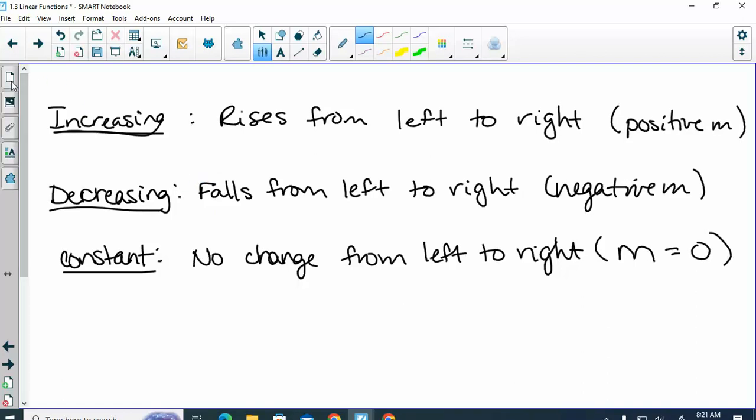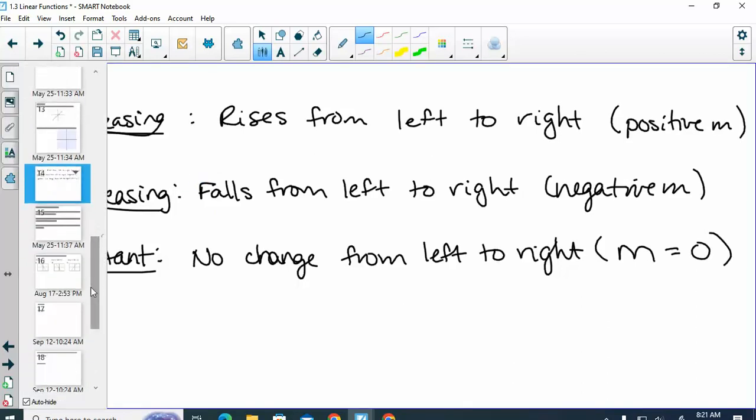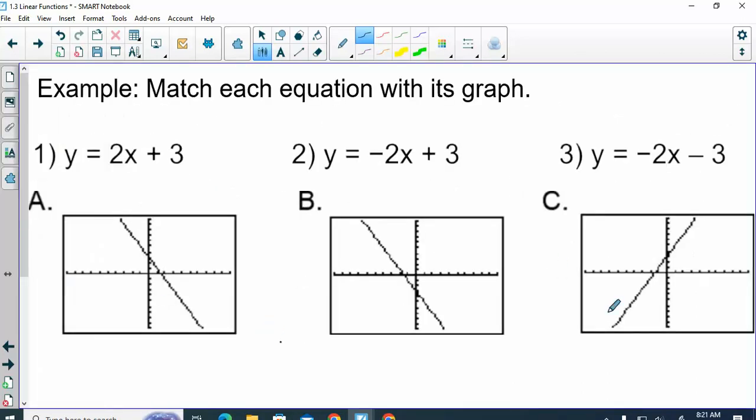Alright, I'm going to put one up here, and I want you to take a second and match each of these with the graph. So which one is y equals 2x plus 3? C. This is a positive slope, so the line should be increasing, y-intercept at positive 3, so that's C. Y equals negative 2x plus 3.